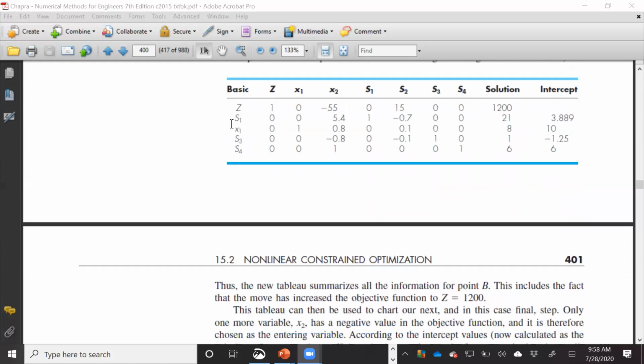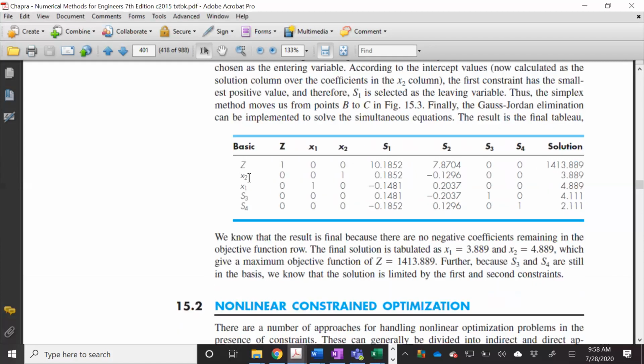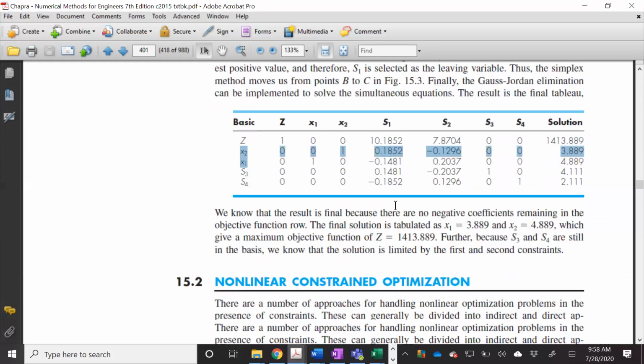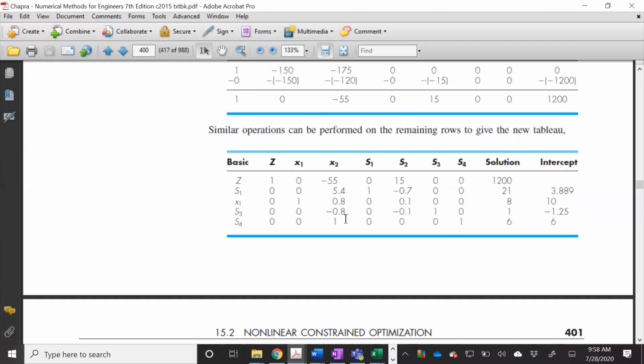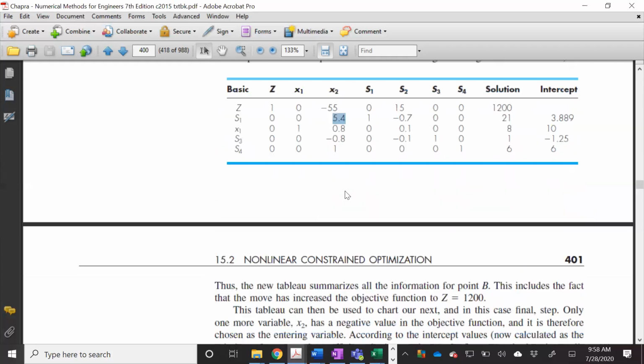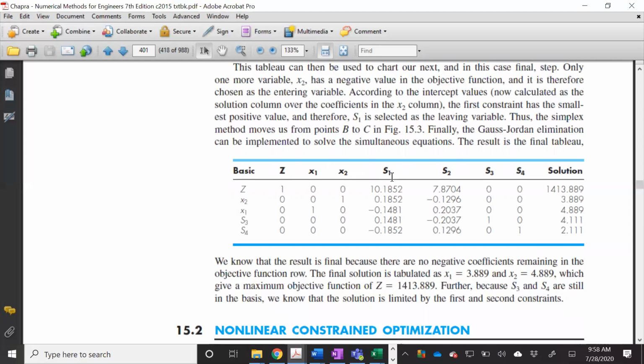Here S1 is 3.889, so you need to replace it with X2. Now the X2, you must make it become 1. So in order to make it become 1, you need to take 5.4 divided by 5.4. So all the values here, you must divide by 5.4.